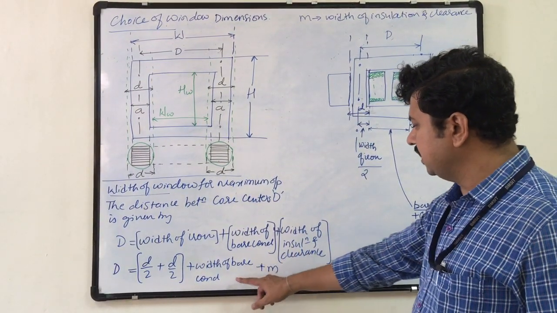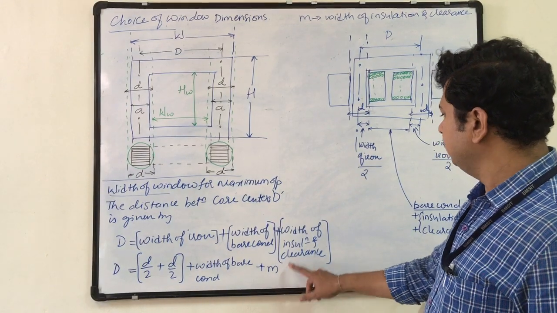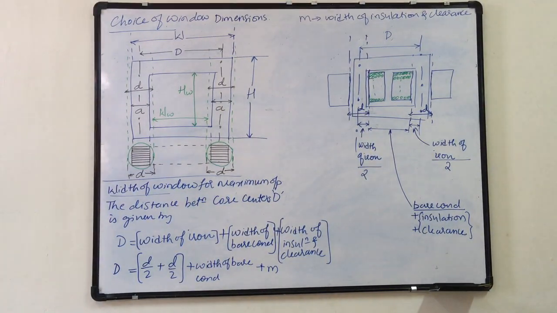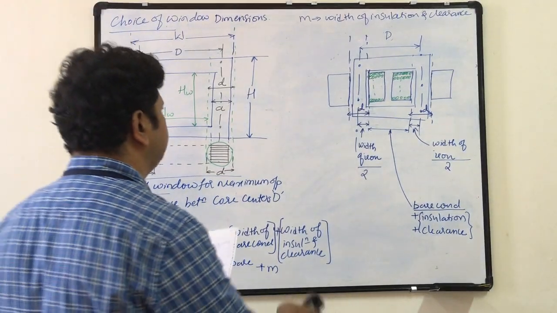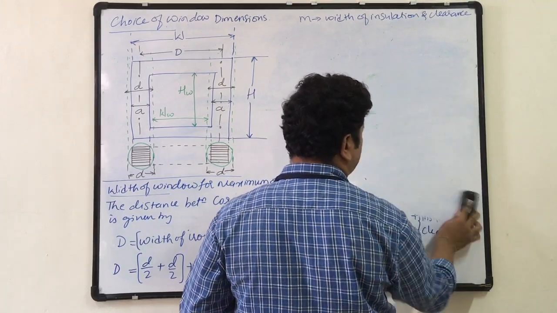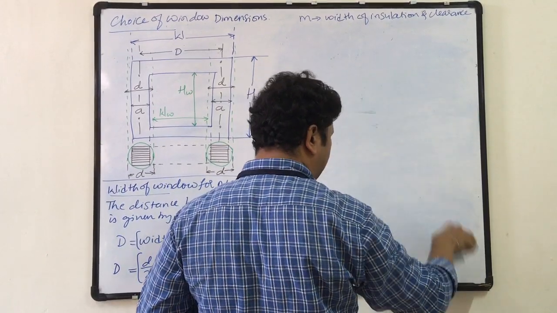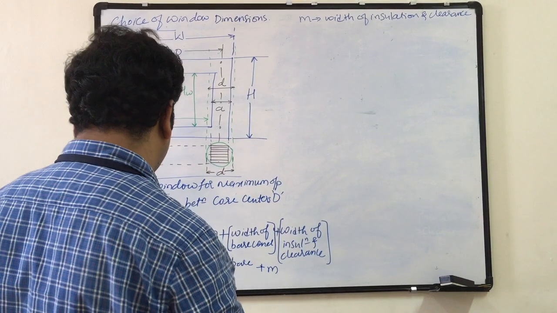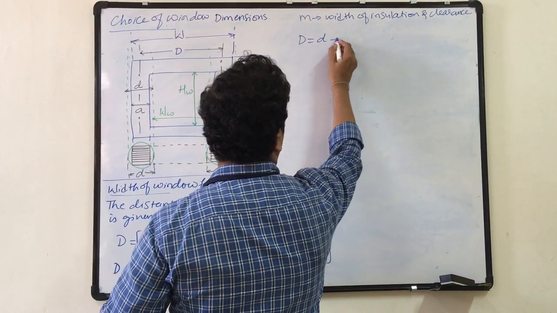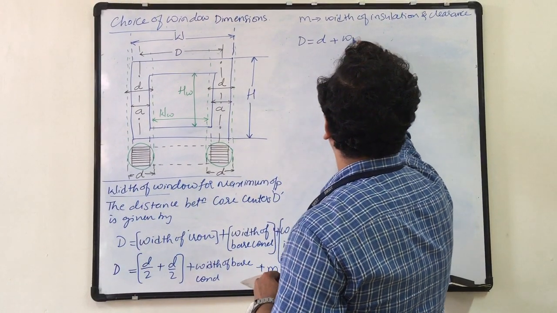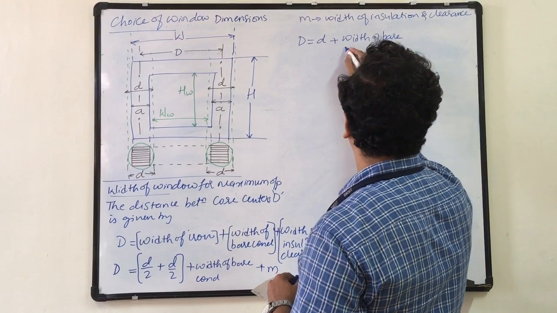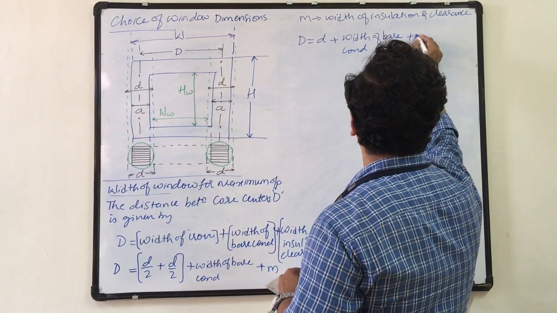Now width of bare conductor plus m, where m is the width of insulation and clearance. So therefore I can write D is equal to D plus width of bare conductor plus m.